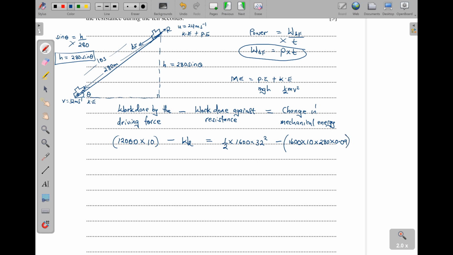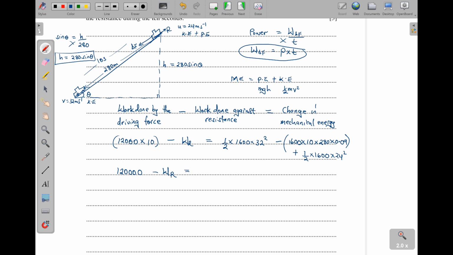Then plus the kinetic energy, which is a half times 1600, times 24 squared. Now what is left is for us to find the work done against resistance.